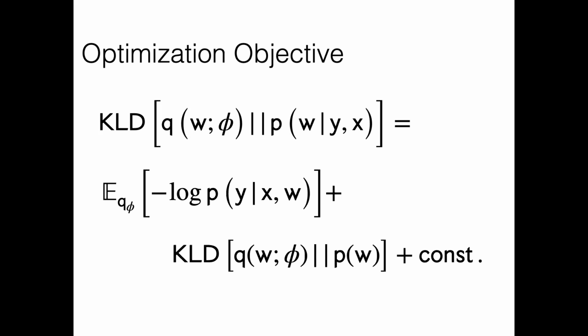And so this is just the KLD. So we have a negative log likelihood. This is just an expected log likelihood under the variational distribution, plus the KL divergence between the variational approximation and the prior.